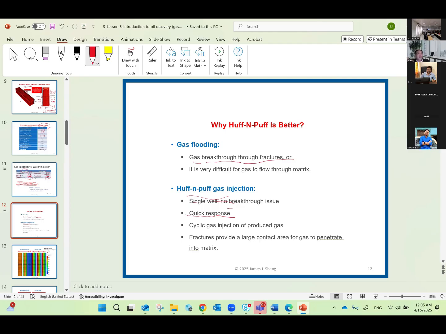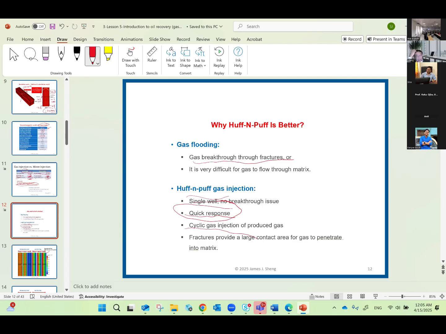But for the Huff-n-Puff, once you stop the gas injection and you produce, you have a puff period, then you can immediately produce oil and gas. Another thing is you can cycle gas injection of the produced gas. So whatever gas is produced, you can use to re-inject.